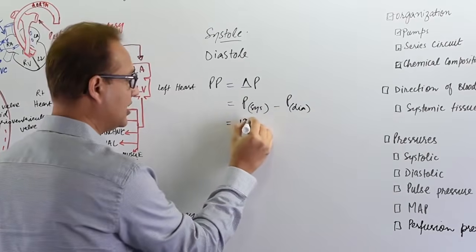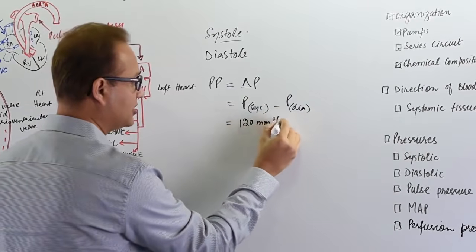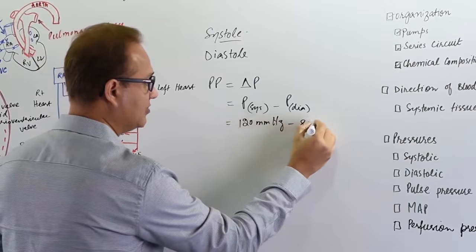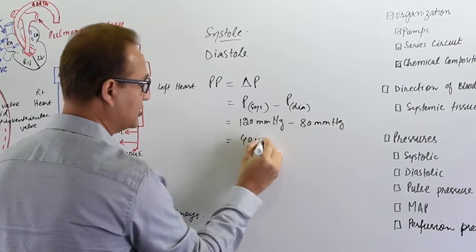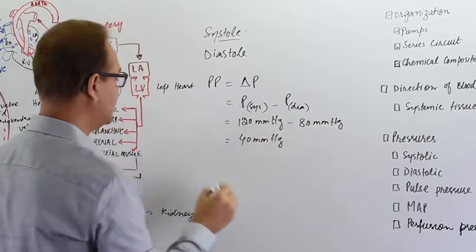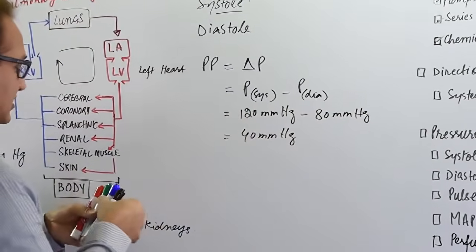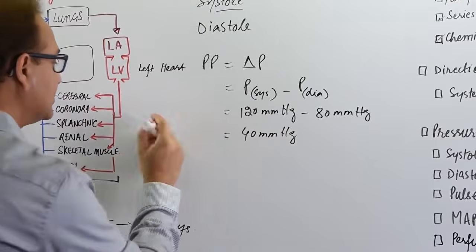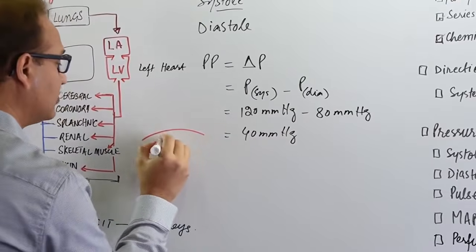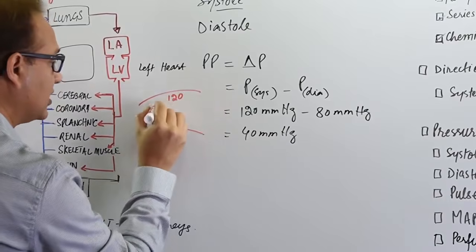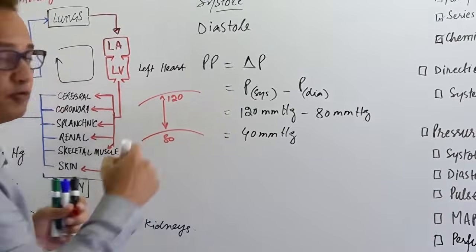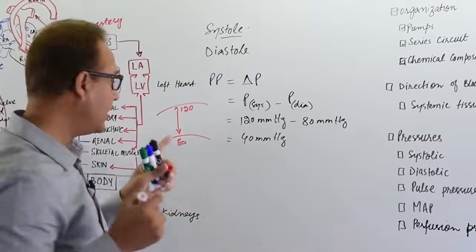So let's say 120 millimeters of mercury minus 80 millimeters of mercury equals 40 millimeters of mercury is the pulse pressure. So what that says to us is that it is the difference. If this is the diastolic blood pressure 80 and this is the systolic blood pressure 120, it tells us the difference between them. Why is that important?